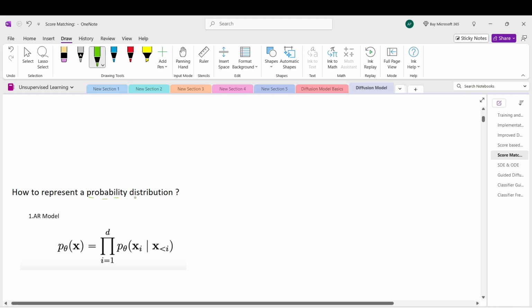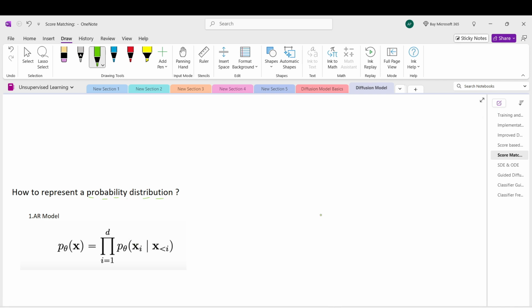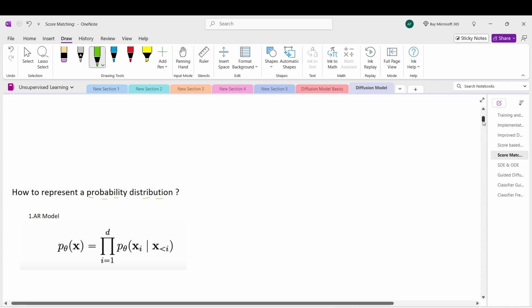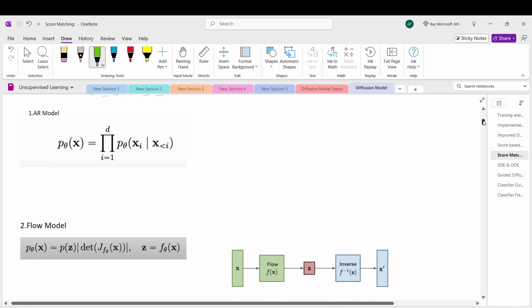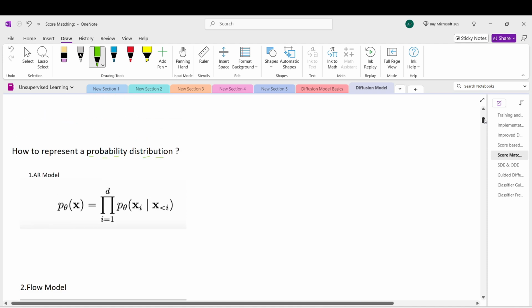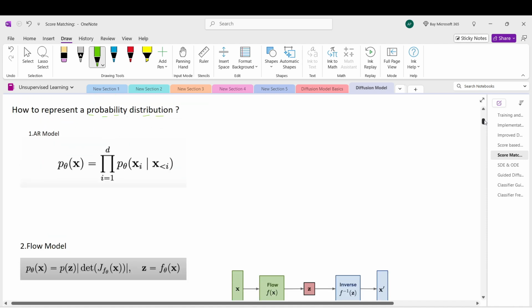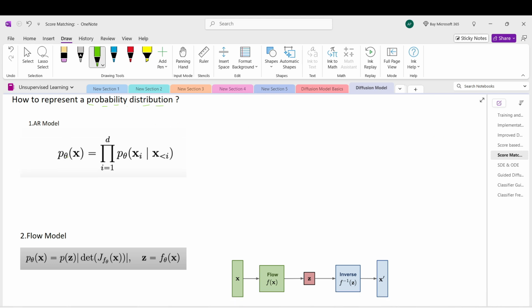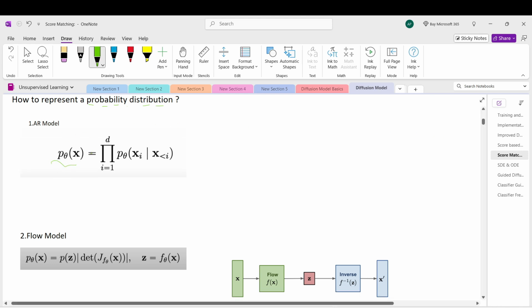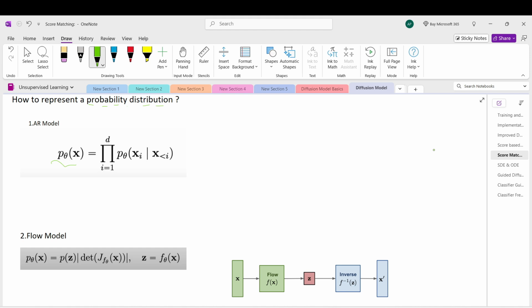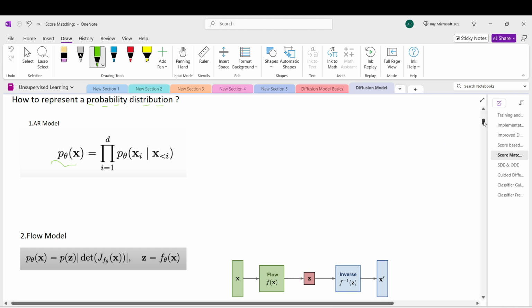How do we represent a probability distribution? In autoregressive models we represent it like this, and in other models too. The question is how we represented a probability distribution in the previous models. We define this p theta, which is a distribution, as the product over i of p theta of x_i given x_less than i, the previous variables.